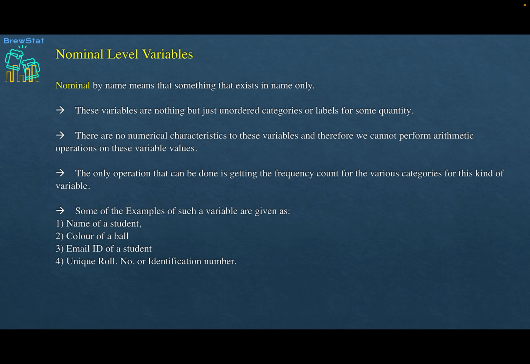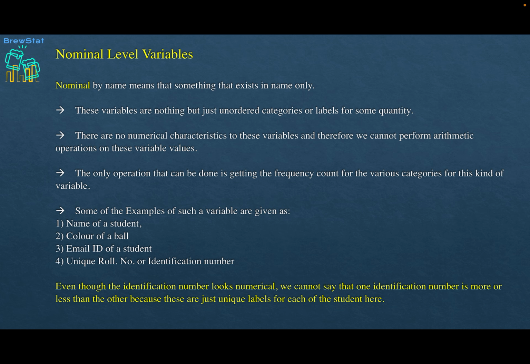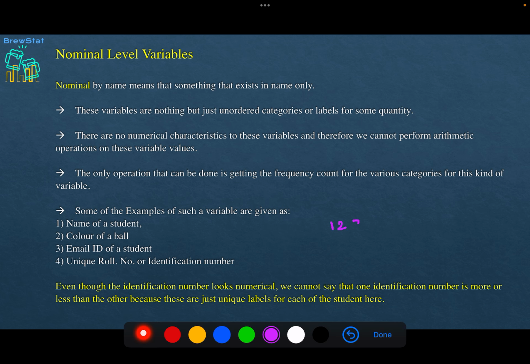Although a roll number could be a numerical value, so for example, there could be a roll number 1, 2, 3, and then there is a roll number 1, 2, 2. One can say that we can add these two to get 245, but this 245 could be another roll number, and this doesn't mean that that particular roll number is in any intuitive way the sum of two other roll numbers.